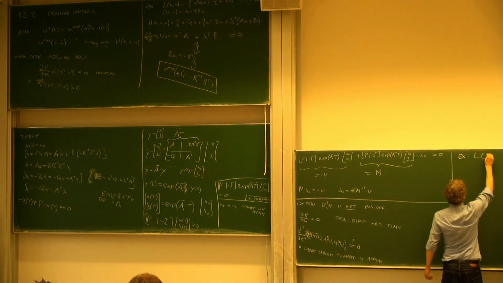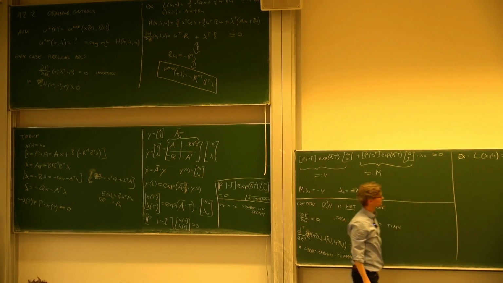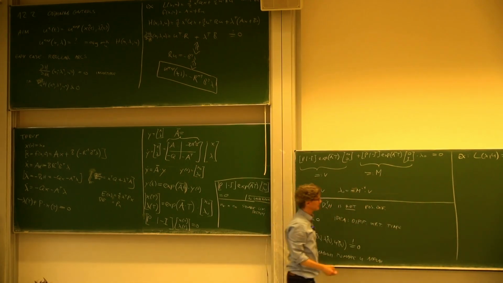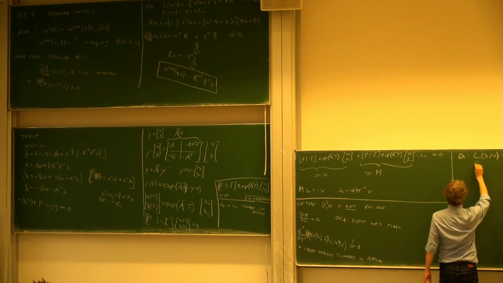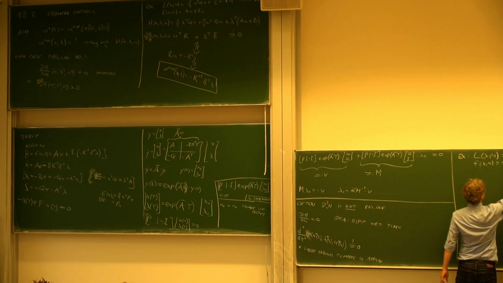And this example is just the same as before, but I have just discussed: the cost is 1/2 x transpose Q x. That's it. Nothing more. And the system dynamics is still as before, f of x and u being Ax plus Bu.